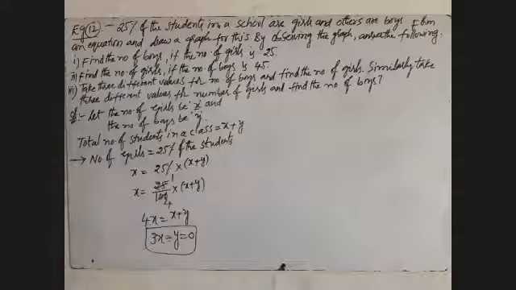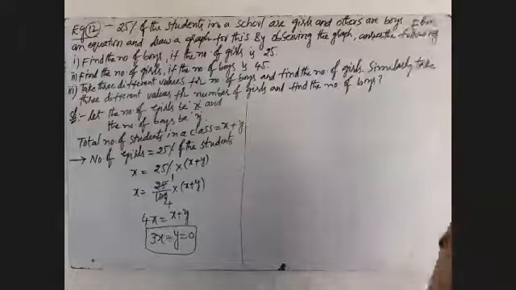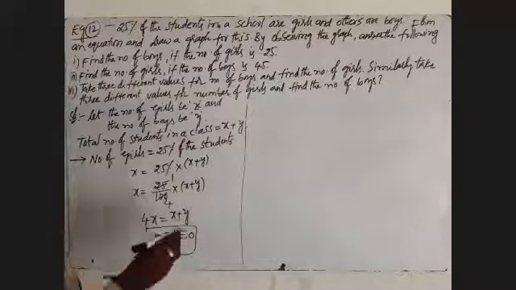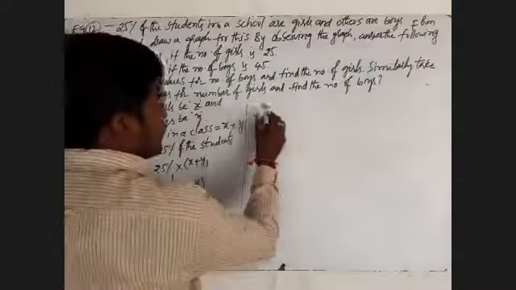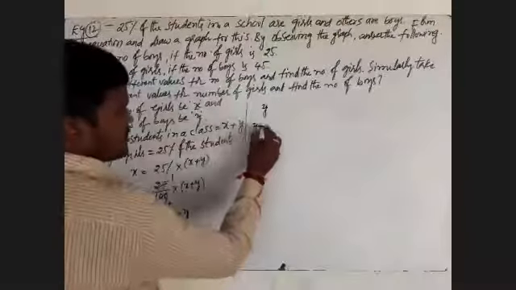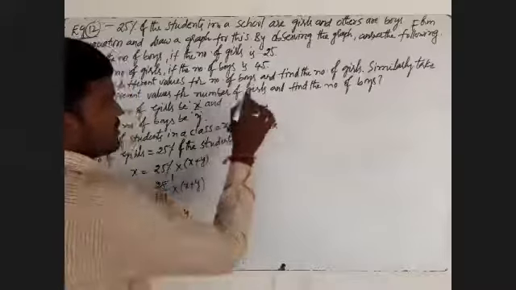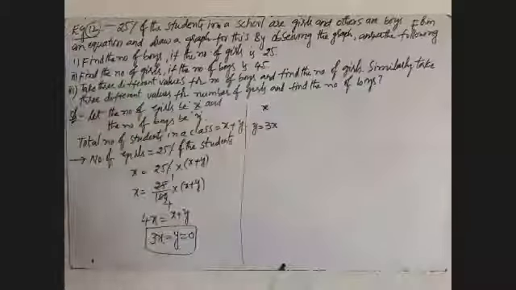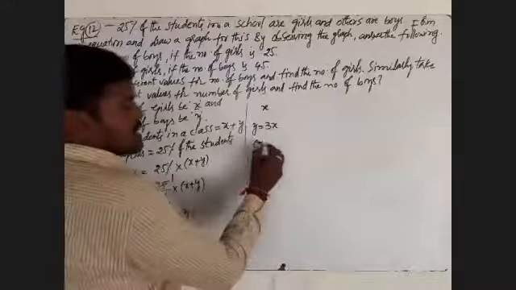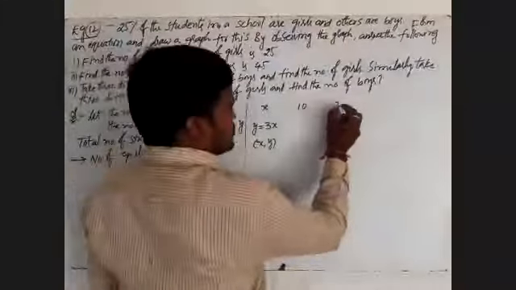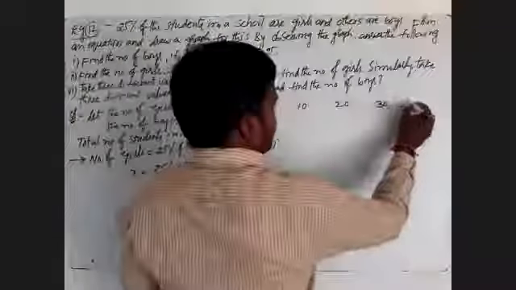If we take some X values, then we find the value of Y, where Y is equal to 3X. Here we will take the values of X and find the value of Y, then write X comma Y. We will take the points 10, 20, 30 and 40.